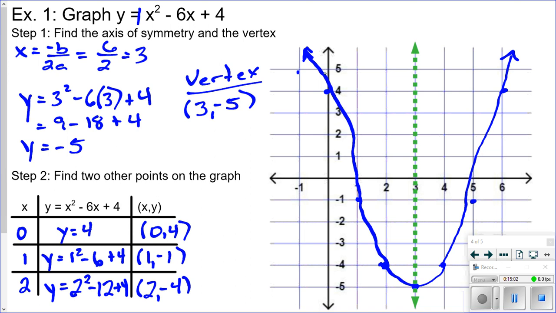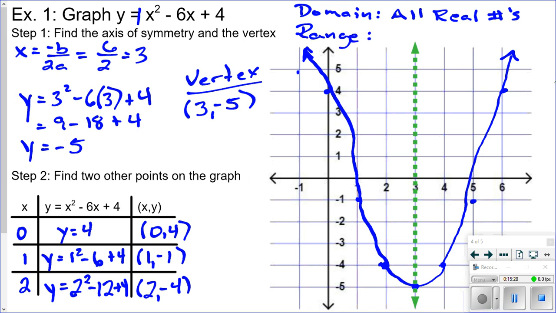Just a quick review of something that we talked about in the last lesson. The domain of this, that's the input values. You can plug in any x values you want into this. So the domain is all real numbers. The range, so if you look at our graph, the range is the output.